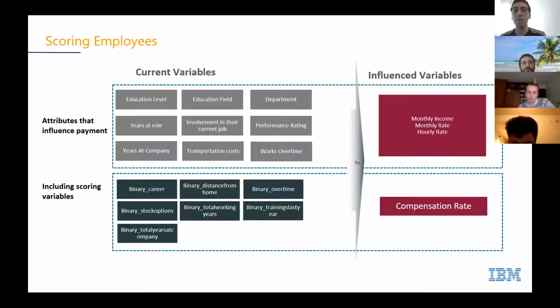Binary distance from home: the further you live from the company, the more transportation cost for IBM, so it adds less score. Binary overtime and stock options: since stocks are a form of payment, the more stocks you have, the less score it adds. Then total working years, binary training last year, and binary total years at company. And then we come up with a compensation rate.